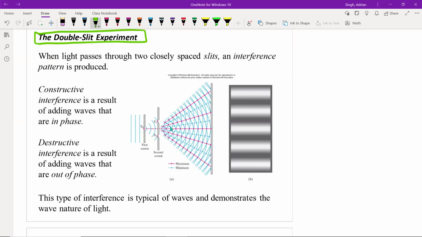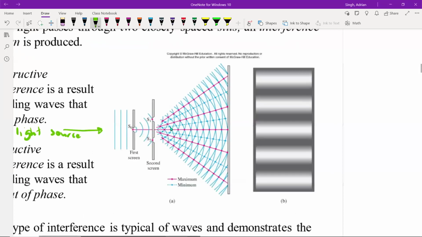So we have here down at the bottom our light source coming this way. And what they did was they shined that light source against a wall, if you will, or a barrier. And in that barrier was a little opening, a small opening right about here.